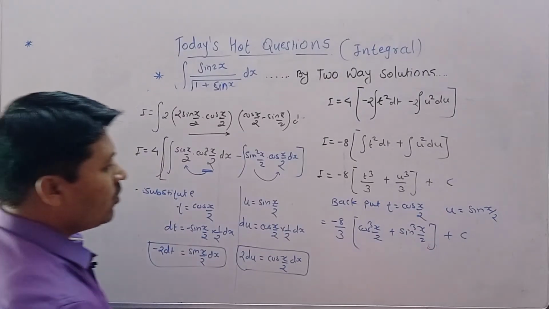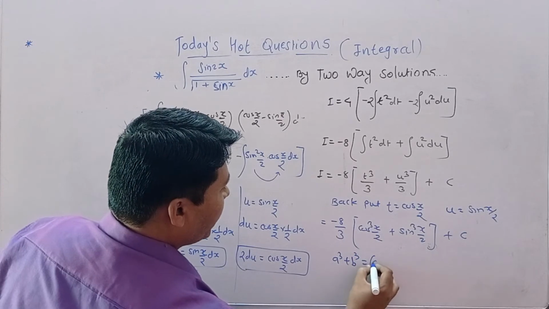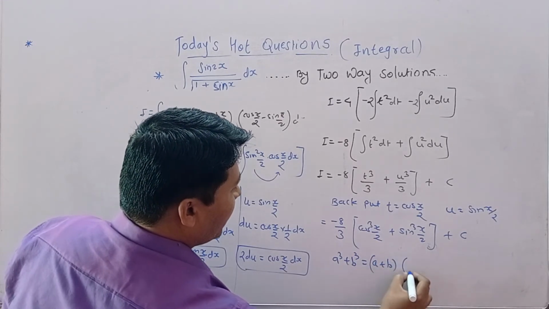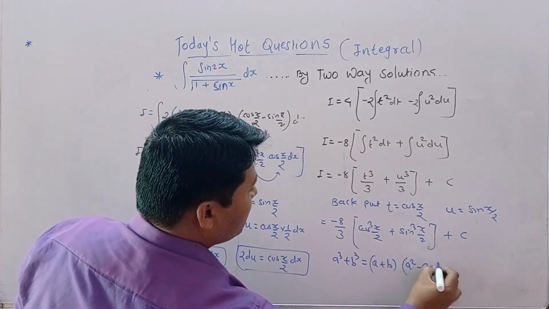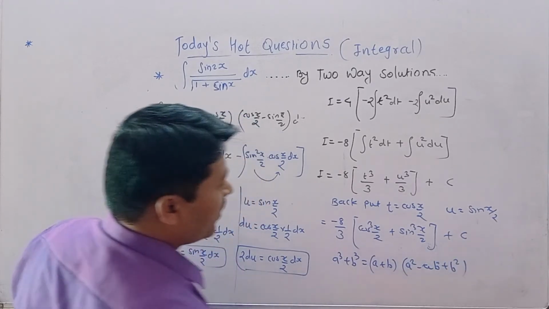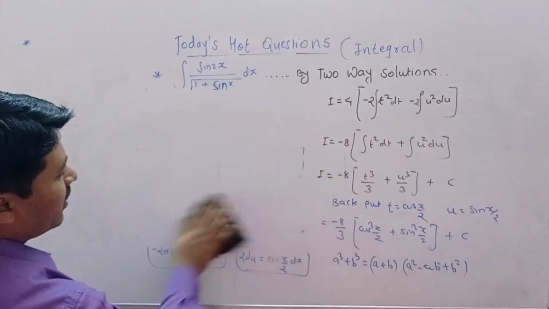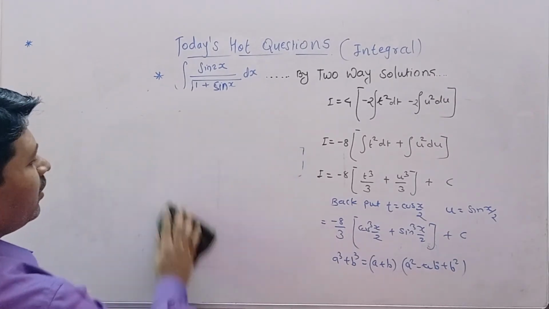We know that a cube plus b cube is equal to (a + b)(a square minus ab plus b square). Now we can use the factorization method, that means we find the factor.